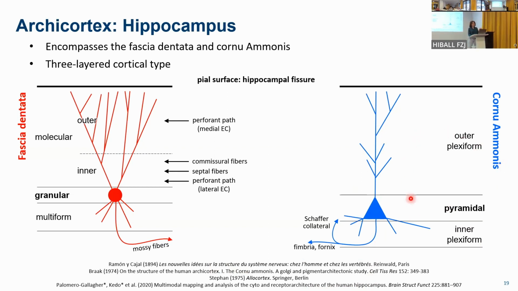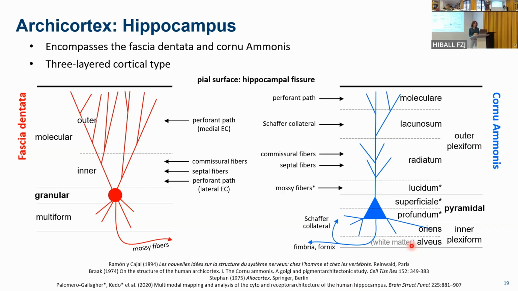Both the outer plexiform and the inner plexiform layers can also be subdivided in the cornu ammonis based on differences in connectivity and also based on differences of the types of cells that they occupy, right? So in the outer plexiform layer, from the pyramidal layer moving outwards towards the brain surface, we've got the lucidum layer, which is only present in the CA3 region. That's why I got a little asterisk here.